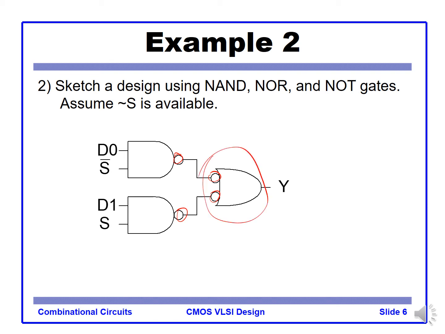From this on the right hand side, that logic can be converted using the bubble technique. If you change the input and output polarity, we change the shape. So that's the same as the circuit. So all the logic can be implemented using NAND gates, 3 NAND gates.